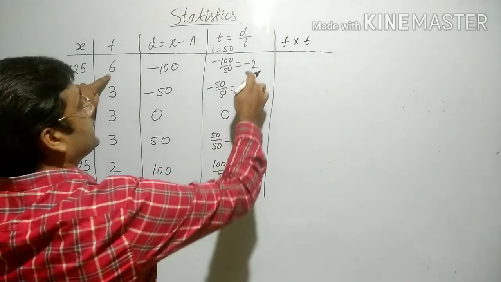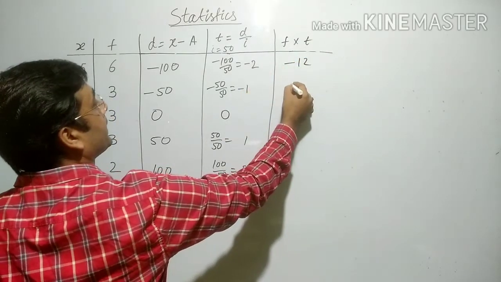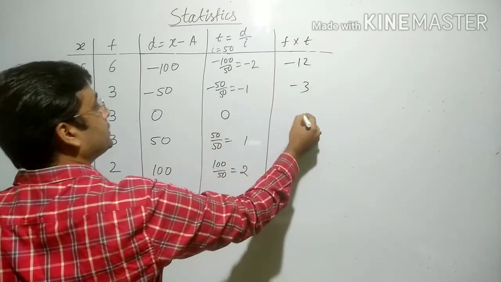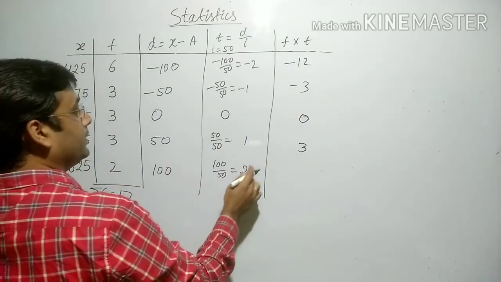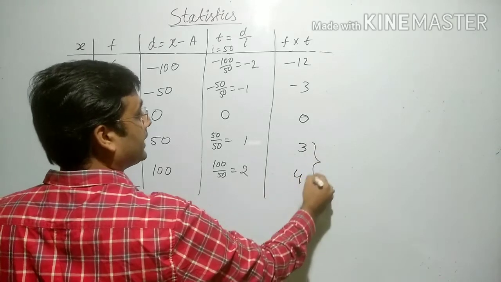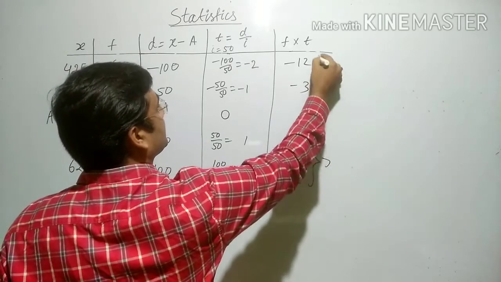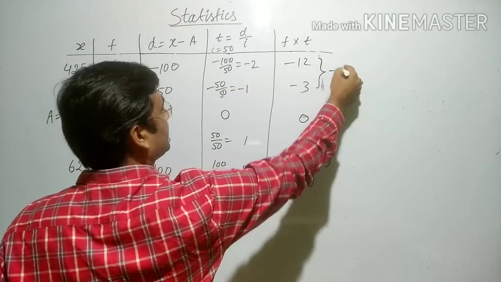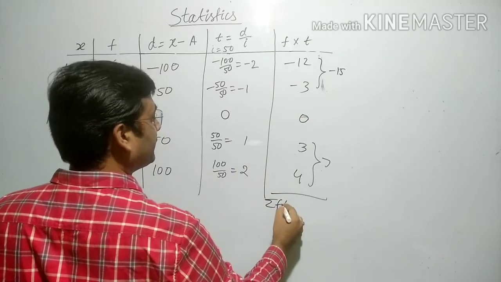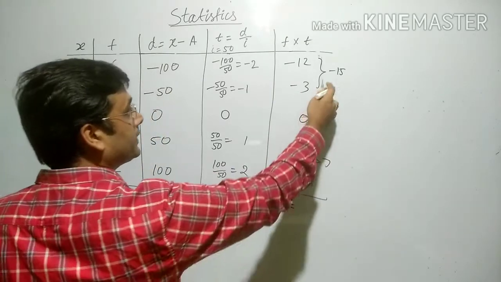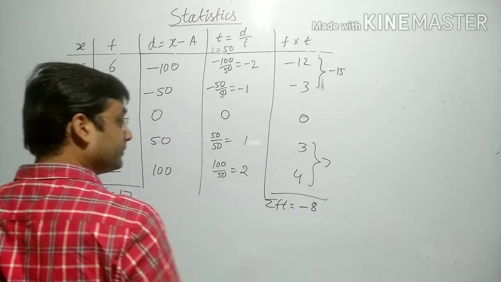So it is 6 and minus 2, so it will be minus 12. 3 times minus 1 will be minus 3. It will be 0, it will be 3, it will be 4. Now we will add these: 7 and minus 15. So if we find sigma ft, we will get minus 15 plus 7, that means minus 8.